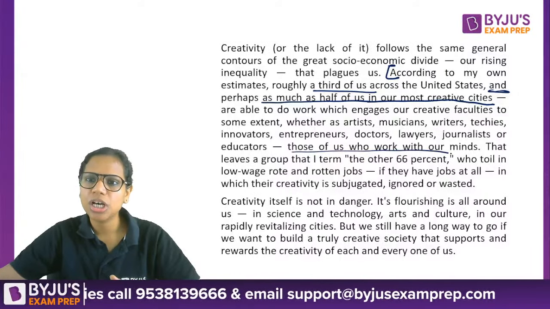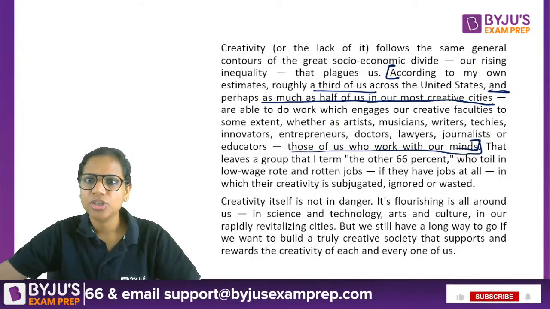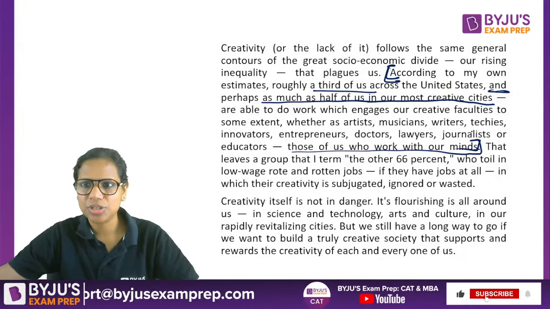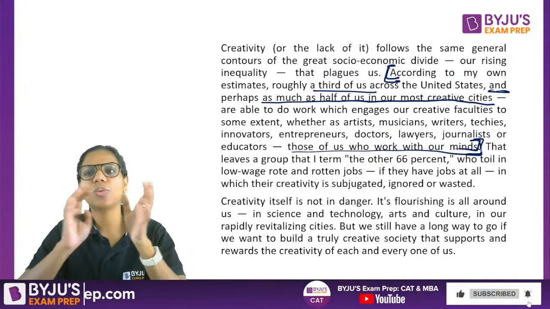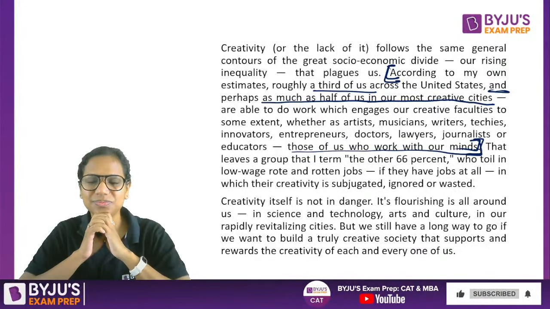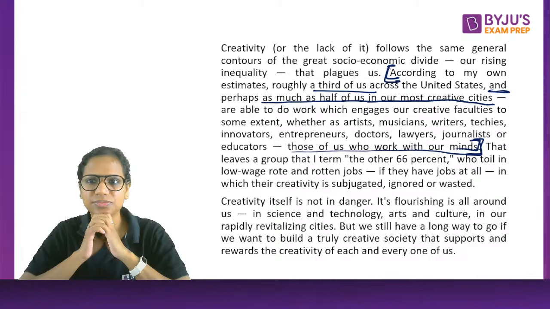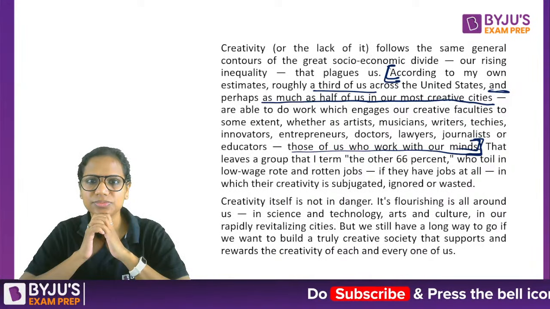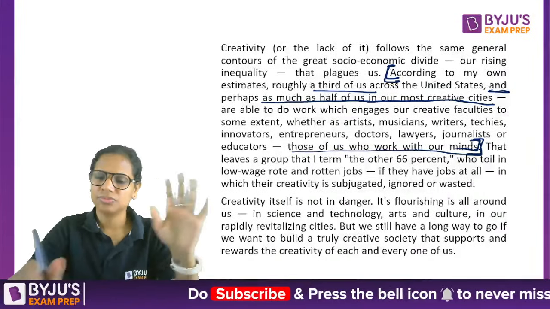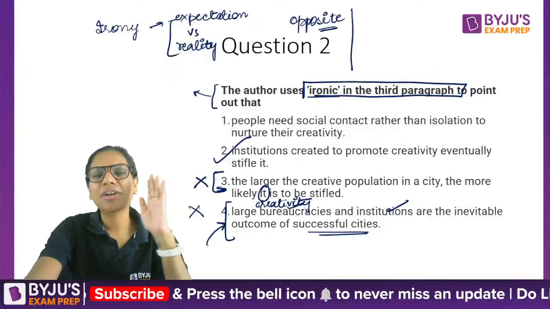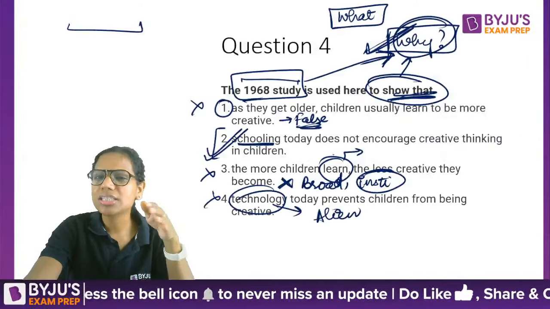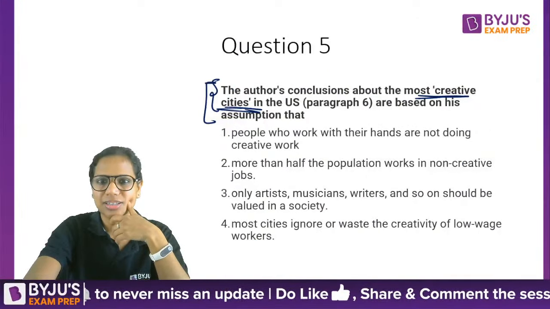Those of us who work with our minds. Okay, so this is the sentence that I am discussing. Read it thoroughly. Read it once more. Now let's go. You have to see what assumption has the author made in this sentence.